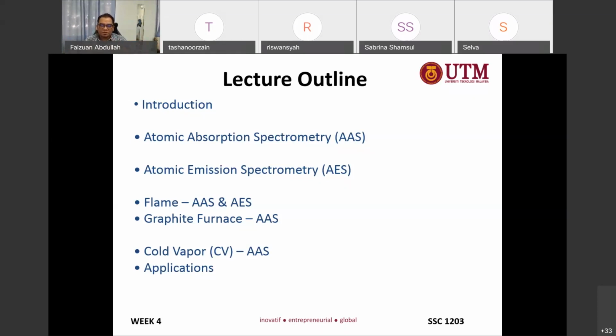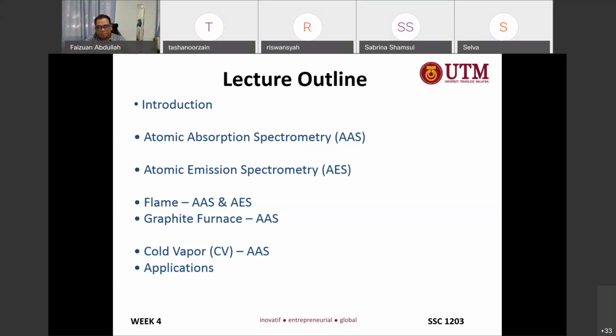We burn the sample, and then the atom will excite from the ground state to the excited state, and after coming back from the excited state to the ground state, the electron will emit an amount of energy, a packet of energy. Remember in the previous video I said a photon, a packet of energy that is uniquely different for every element.